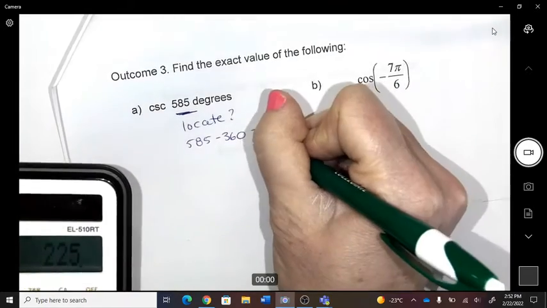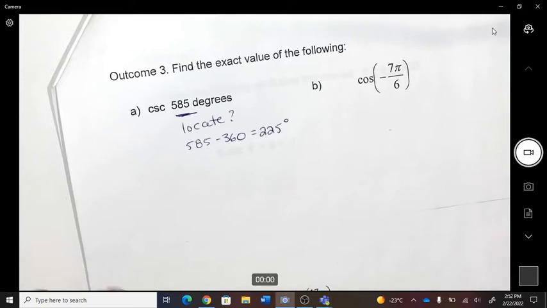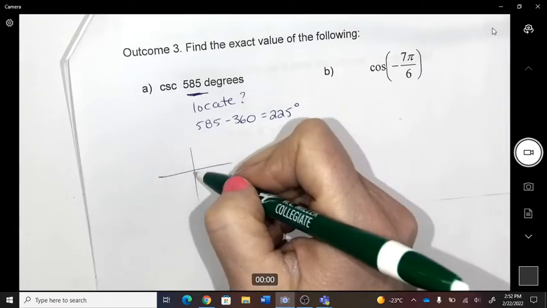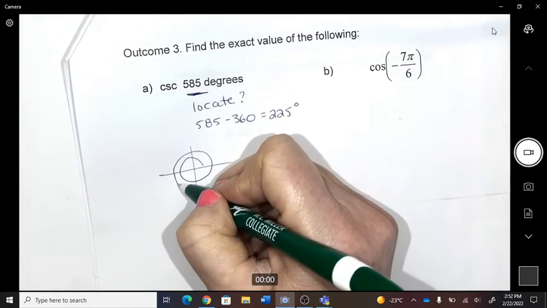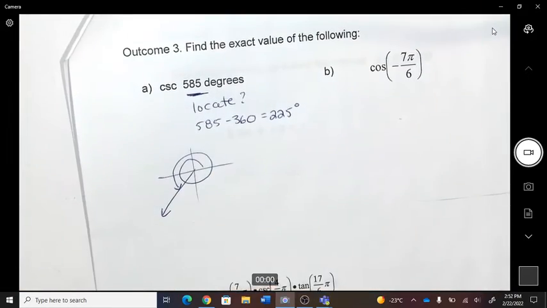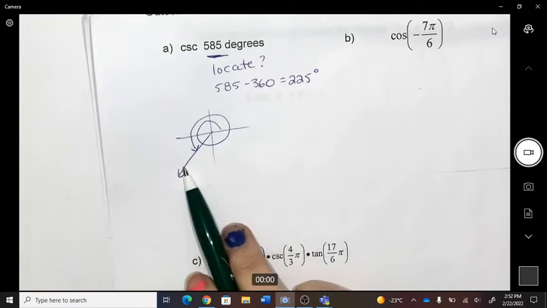And then I get 225 degrees. So this is where I've landed. I went a circle, 225 more, and I landed right here. So that's on your paper.